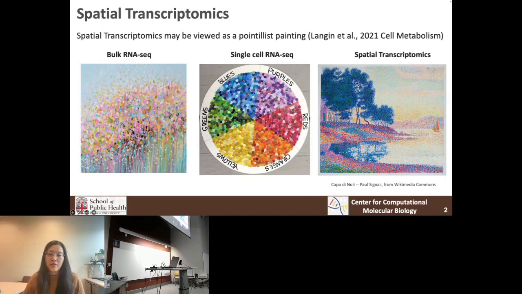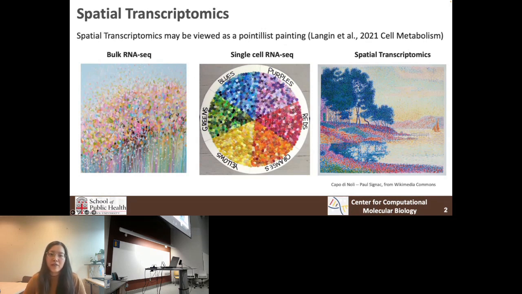And then single cell RNA sequencing technologies became popular. Different from traditional bulk RNA-seq, it is able to first isolate cells and then measure the gene expression profile of each individual cell. So we can also use this color palette as an analogy. Now we know the exact color of each dot, and the color tones can correspond to the different major cell types.